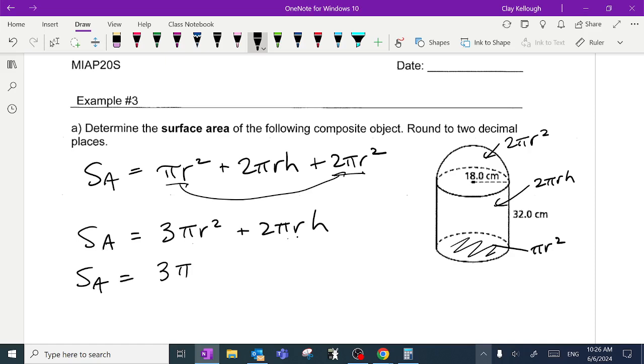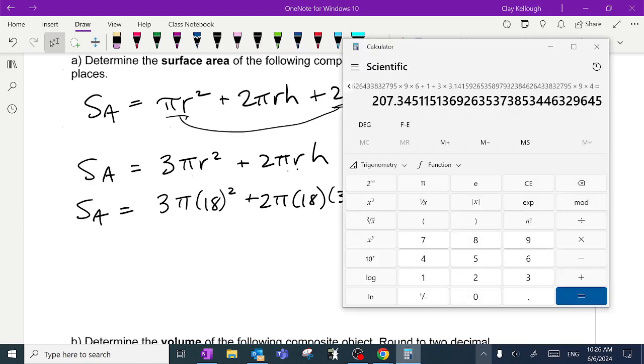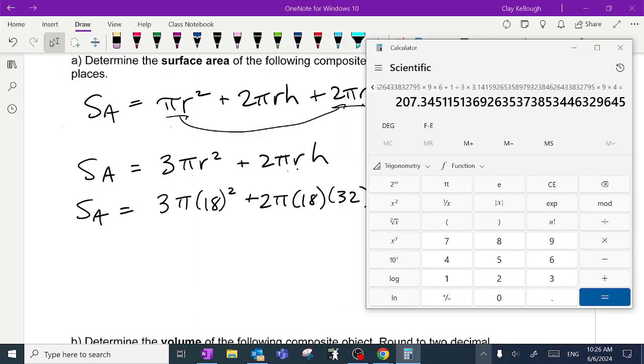3 pi 18 squared plus 2 pi 18, and the height of this thing is 32. I don't think I can do much of this one in my head, so this is lots of button punching. All right, ready? Let's erase everything and start over. 3 times pi times 18 squared. That's square rooted. Back up.